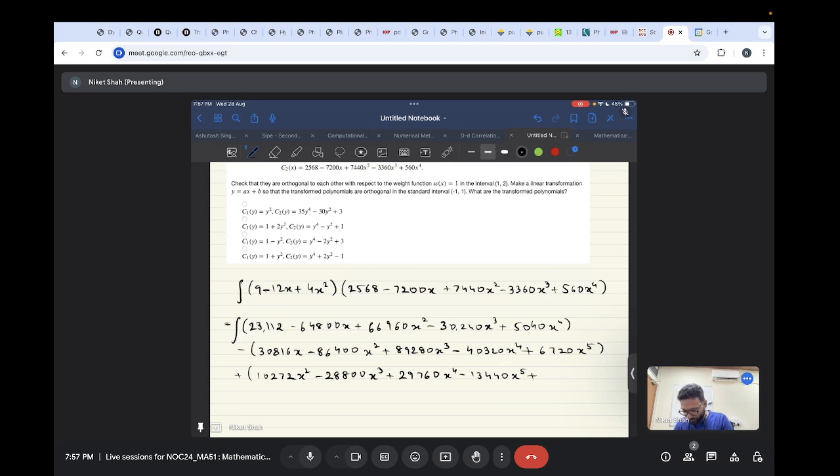Final term is 560 into 4, 2240 x power 6.